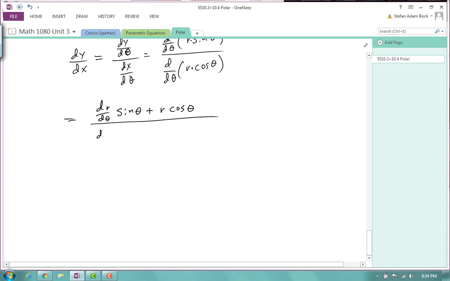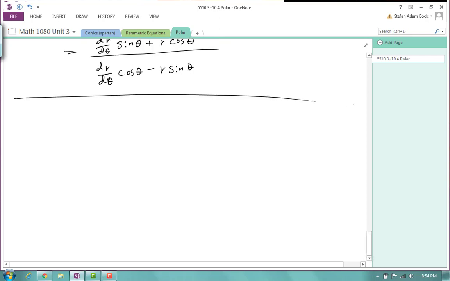And on the bottom, again from product rule, I'm going to have dr d theta cosine theta minus, because the derivative of cosine is negative sine, r sine of theta. Which looks pretty ugly, but we're going to make use of it in the next section, which is section 10.4.